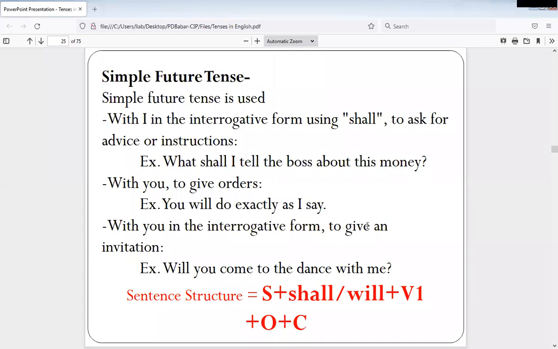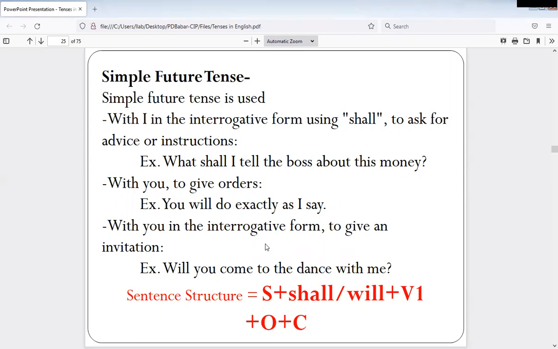Not in present, not in past. The plans that we are having in our brain about future, we can denote or we can write into the simple future tense.